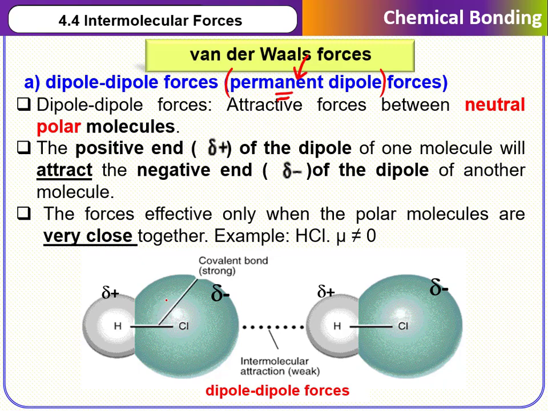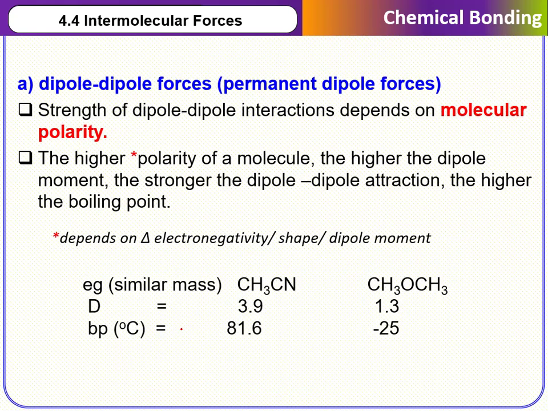Because Cl is more electronegative than H. The electron cloud of chlorine would be bigger than hydrogen, where the electron is attracted towards chlorine since chlorine is more electronegative than hydrogen. Permanent lah, sebab chlorine memang more electronegative than hydrogen.